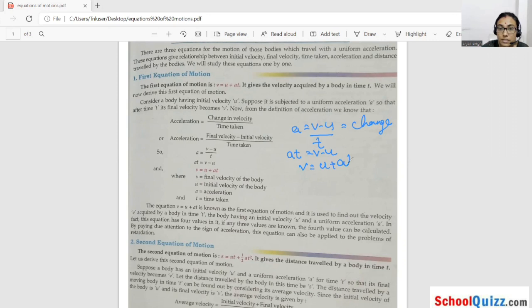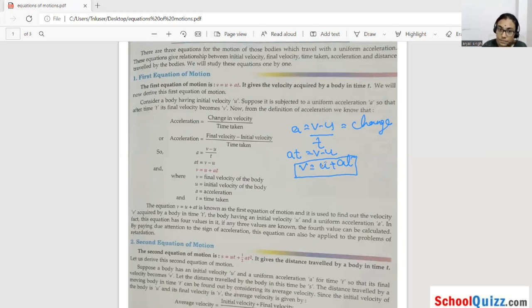So u plus at, that is your first equation of motion, v is equals to u plus at, means the final velocity is the sum of initial velocity and the product of acceleration and the time taken.